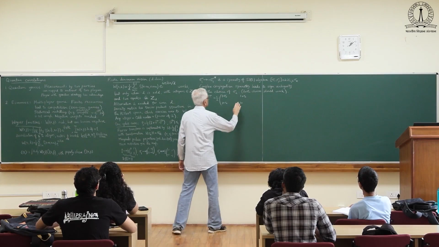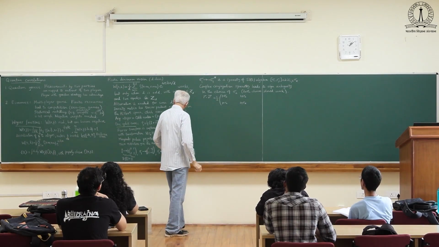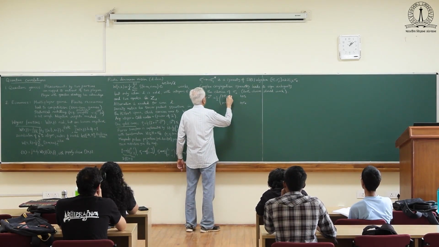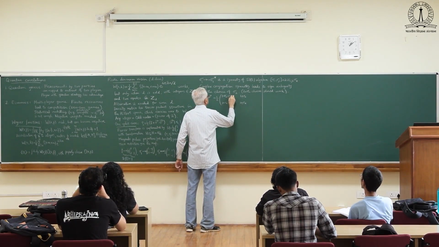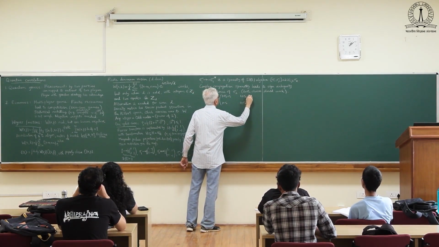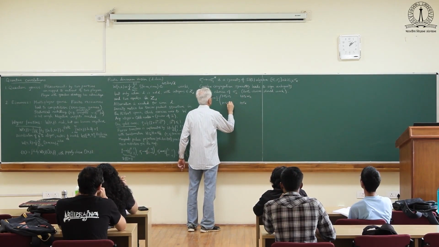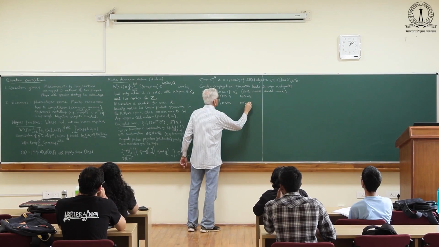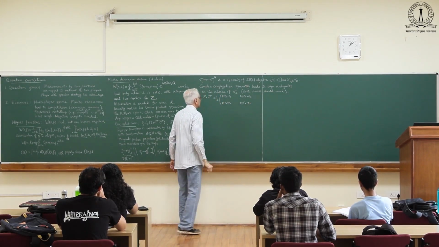What is minus 1 on the right hand side? Okay. Then Z was positive on the top and negative on the lower part.